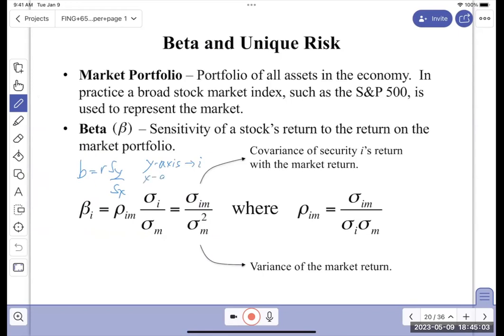And on the x-axis, we always put the market. And so this is the equivalent formula. That's R. The rho is the Greek letter for R. And then SY would be the standard deviation of the firm's returns. And SX would be the market.